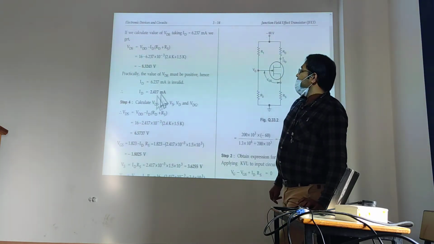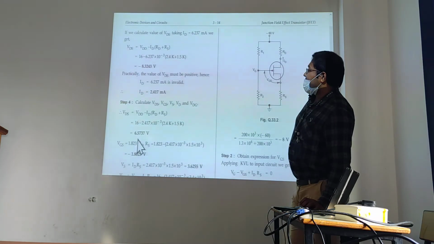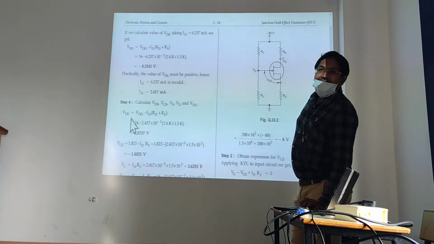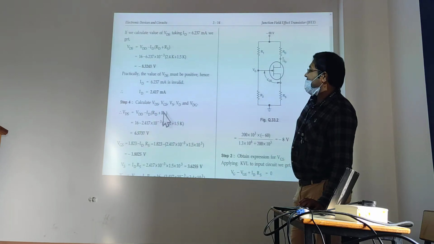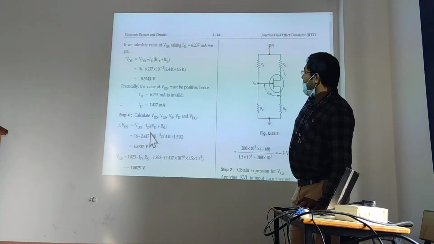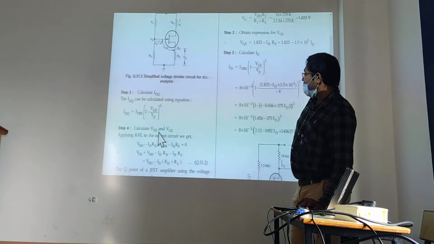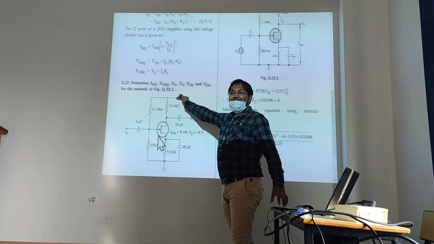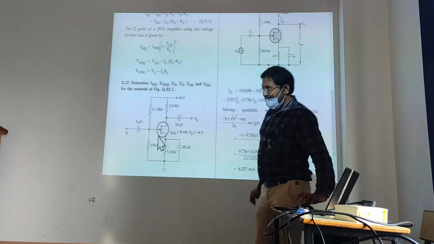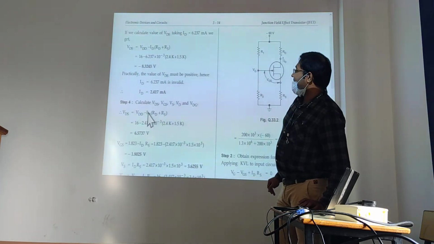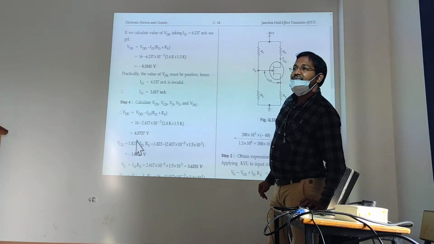6.237 milliampere is invalid. Let us check for 2.417. Again we are finding VDS. Putting ID 2.417, VDD given in the question, RD, RS given in the question, substituting, VDD we are giving 16, VDS we are getting 6.57.